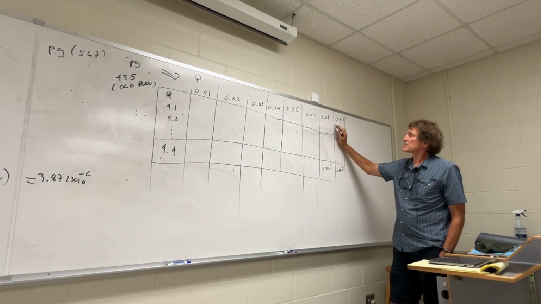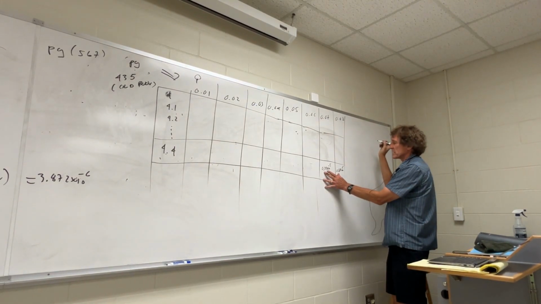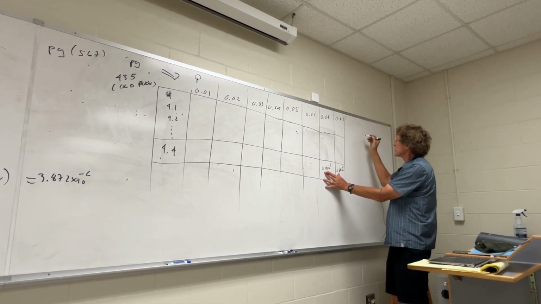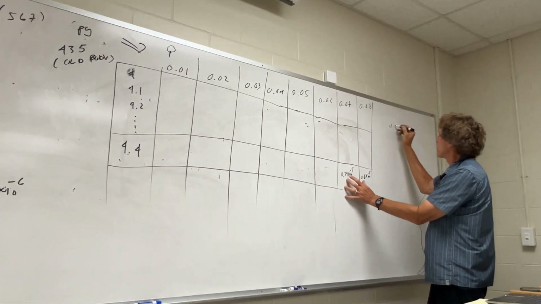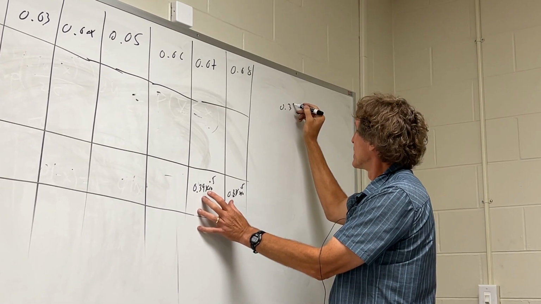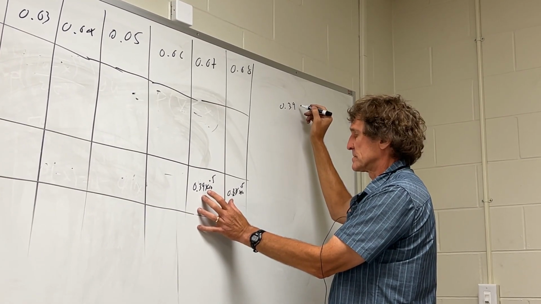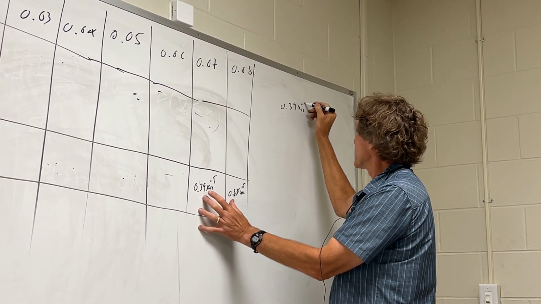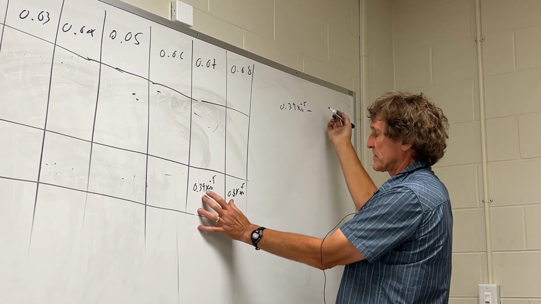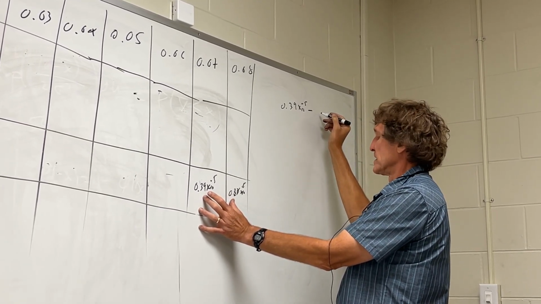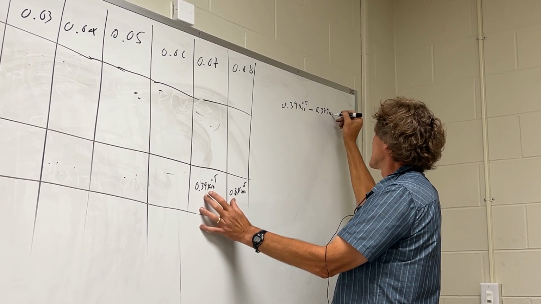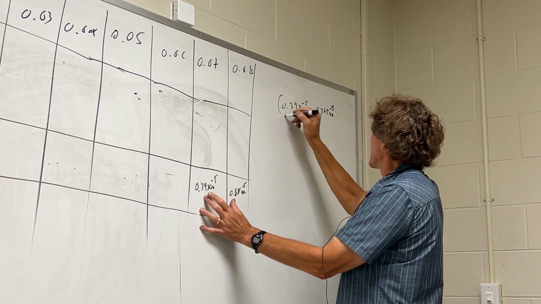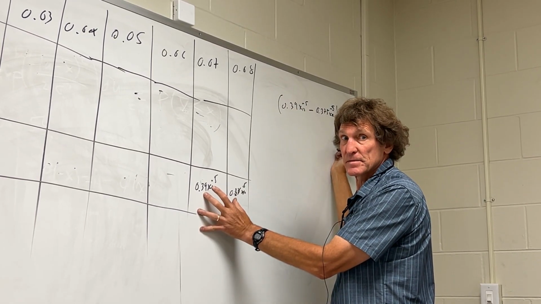All right, now this is 7.2, so if you want to draw this, you'd assume you do a linear interpolation. If you look at the difference in these two, you take 0.39 times 10 to the minus fifth, and then this is 0.375 times 10 to the minus fifth. That's the delta difference. Do y'all follow me in this class?